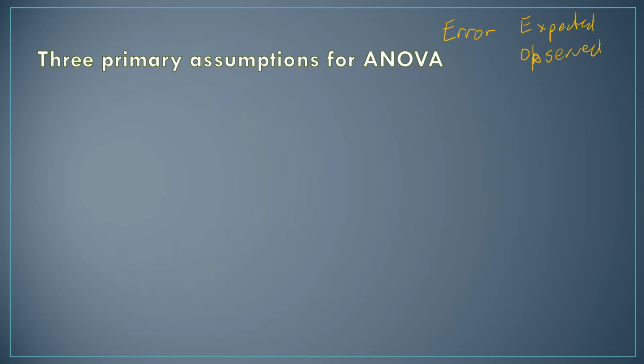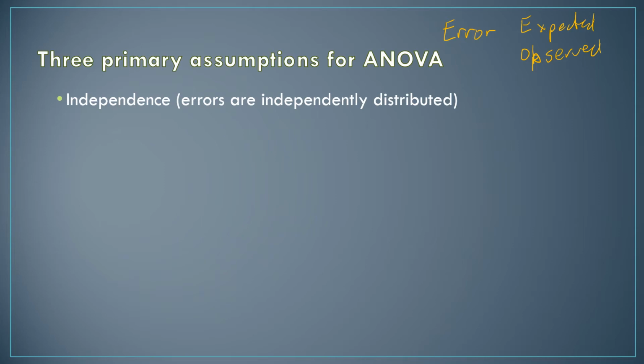And error then is determined by how far your observed is from what is expected. So all three of these primary assumptions for ANOVA really are concerned with the error that is calculated for your observed distribution. So the first one is independence.